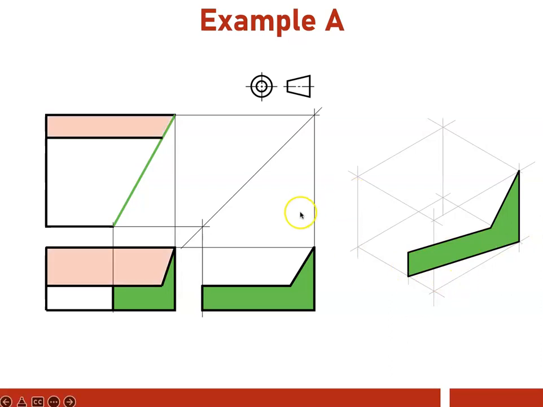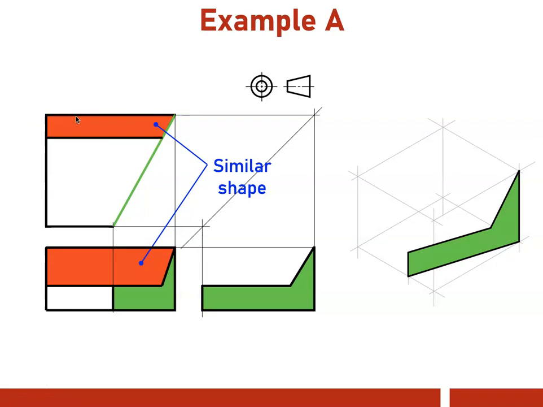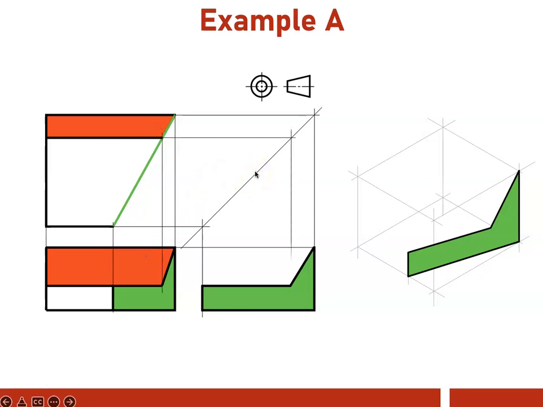Okay, moving on. So this one is from your front view, and this is from your top view, it has a similar shape, we are going to assume that it is also slanted. So let's see. So if you try to extend these lines, right, this line only comes up to here.